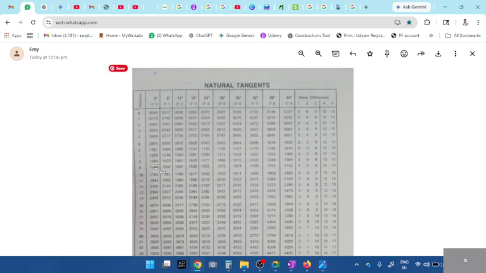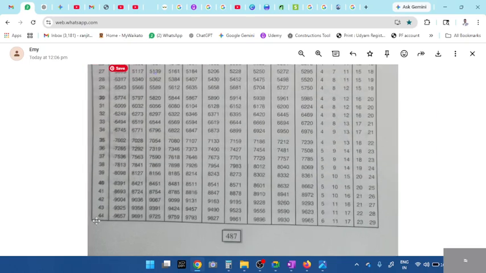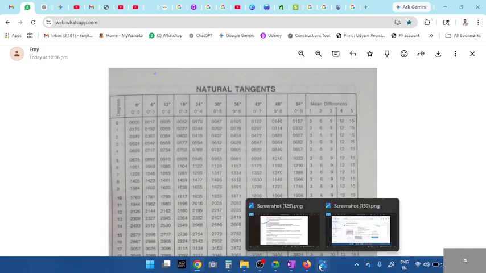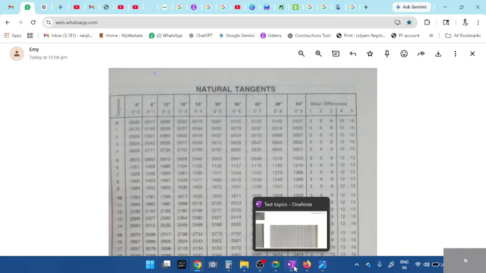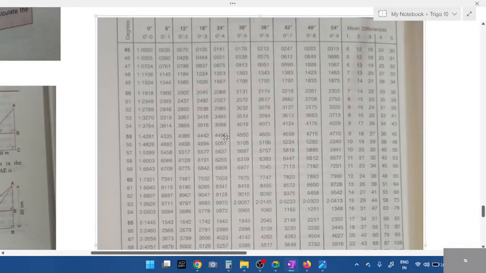From 0 degrees up to which one? From 0 to 44. We need to take the first column. This is not required. I mean, we need 68 degrees. Let me take the second part. Look at this, 60 degrees.